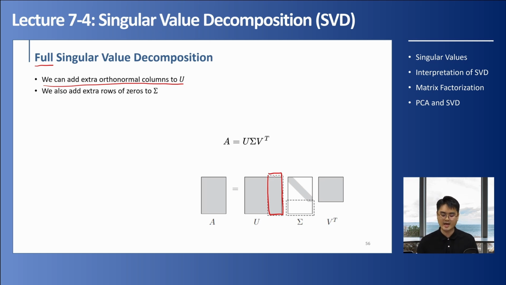However, you can add extra orthonormal columns to U and add extra rows of zeros to sigma. So these are our singular values as the diagonal terms, and you can just add zeros in the bottom here. So then this becomes meaningless. Then you can do full singular value decomposition, but we're not going to do this in detail because thin singular value decomposition will be used in practice much more frequently.